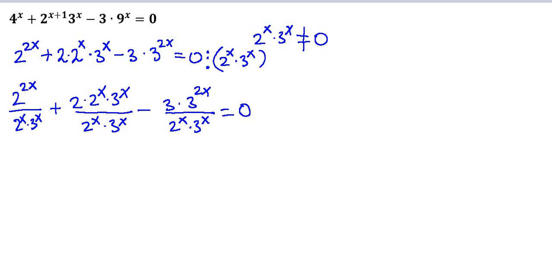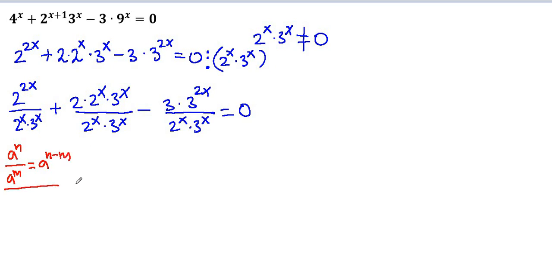Now let's use the following property to easily simplify these fractions. We know that a to the power of n divided by a to the power of m is always equal to a to the power of n minus m.